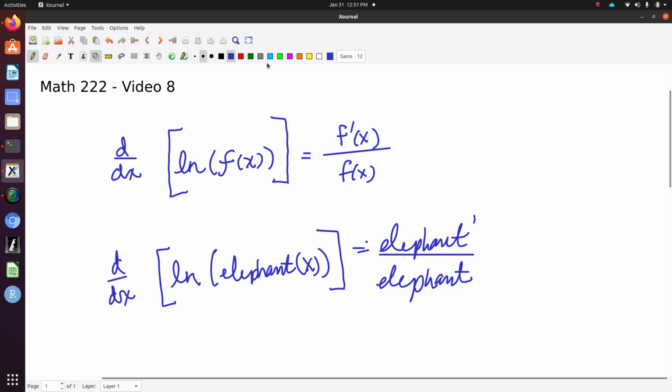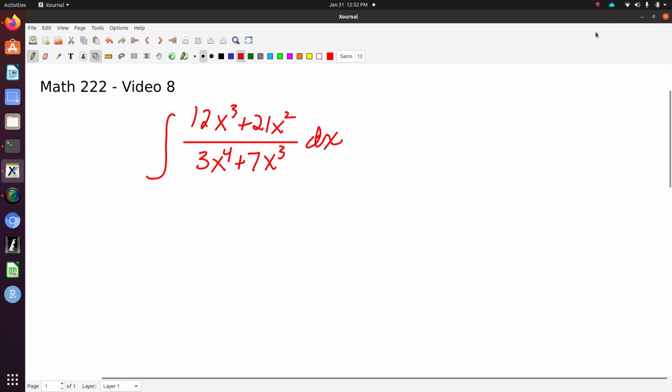And so when you see these exercises for students, here's just an example. It's elephant prime over elephant. So without even doing it, it's perfectly elephant prime over elephant. The answer is just going to be natural log of elephant. You don't even have to worry about it. Because you've memorized that as something to look for, a combined rule.